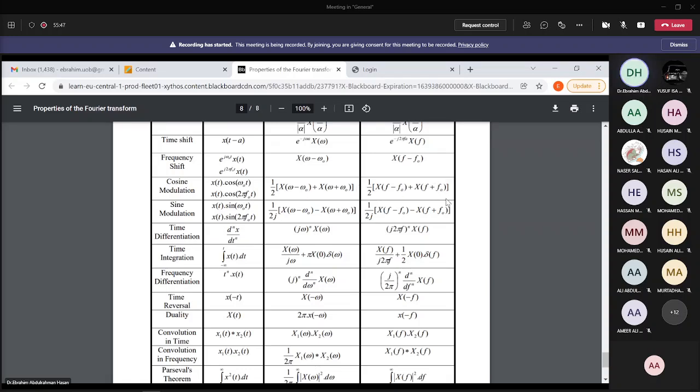Similarly for x of f. Having some cosine modulation, sine modulation, it is similar, except we have here 1 divided by j2. Let me see how we use this one.